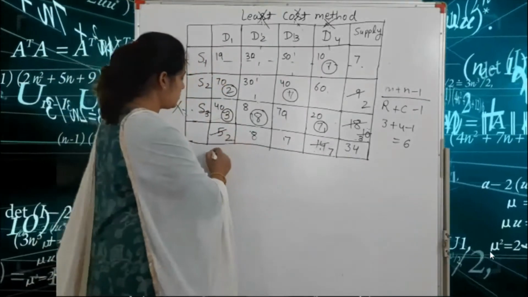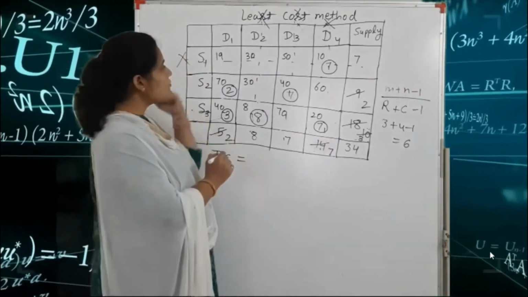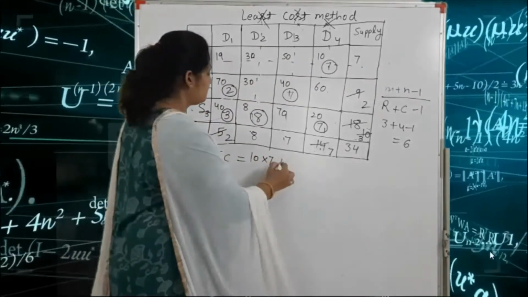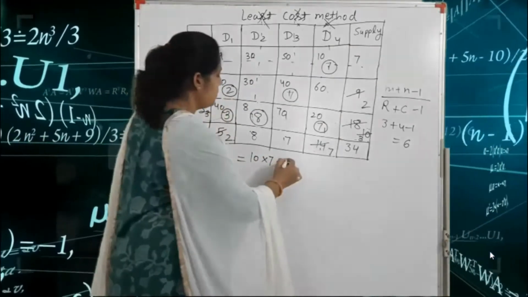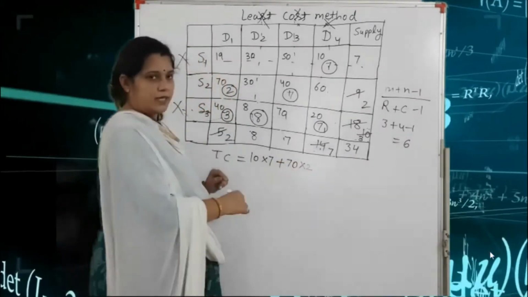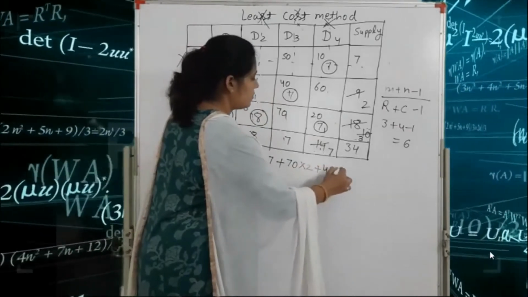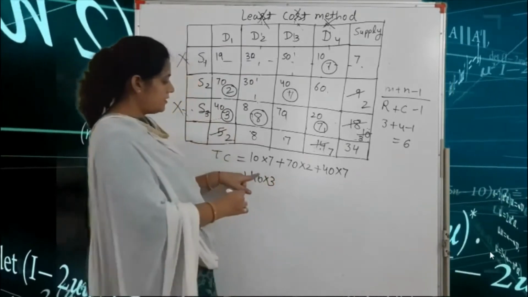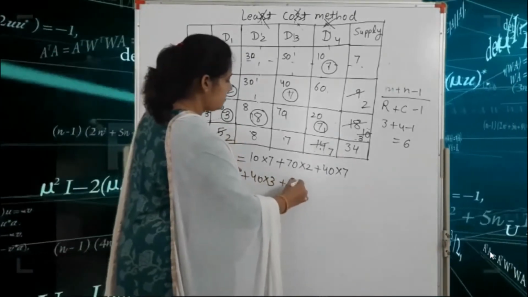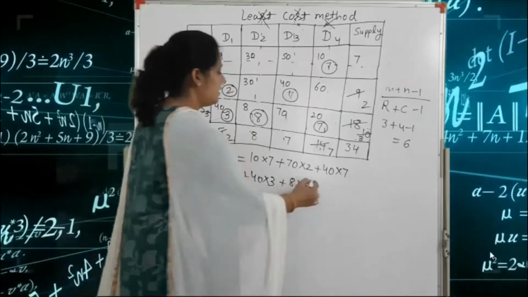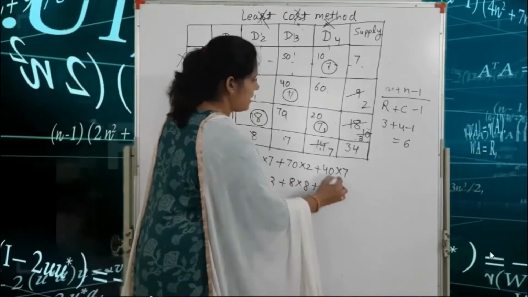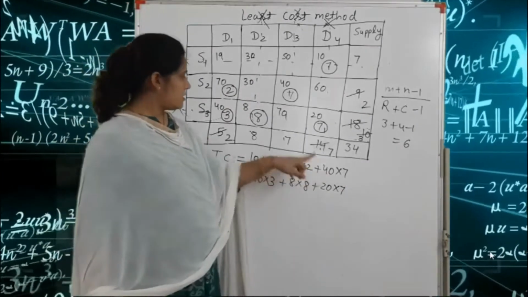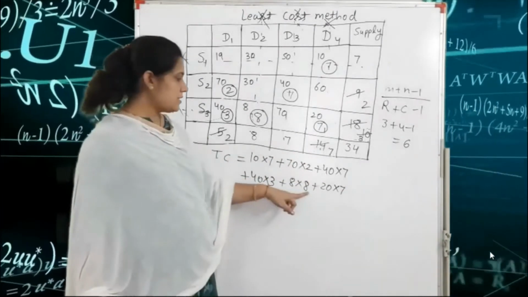So what is the formula for the total cost? Total cost is equal to, how do we write it? 10 into 7 plus 70 into 2, plus 40 into 7, plus 40 into 3, plus 8 into 8, plus 20 into 7. So here the 6 allocations are 10 into 7, 70 into 2, 40 into 7, 40 into 3, 8 into 8 and 20 into 7.